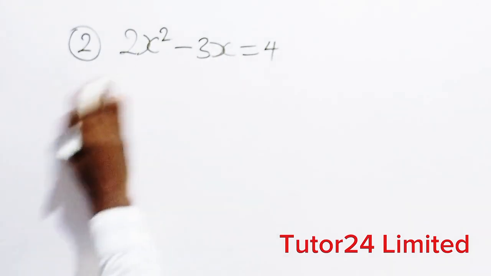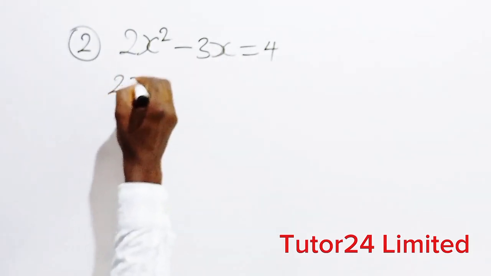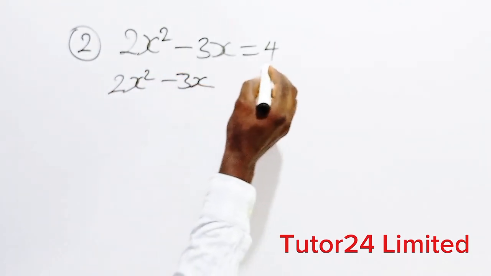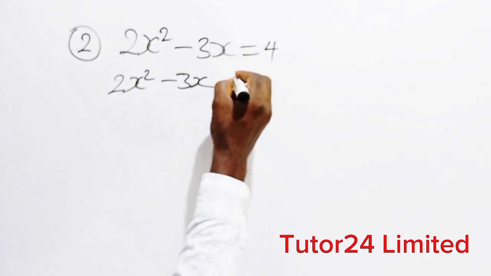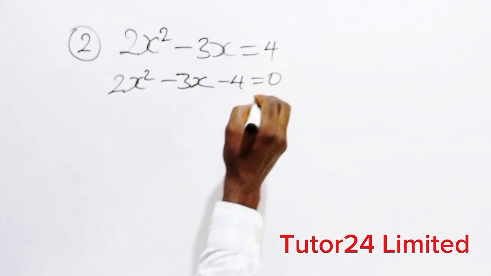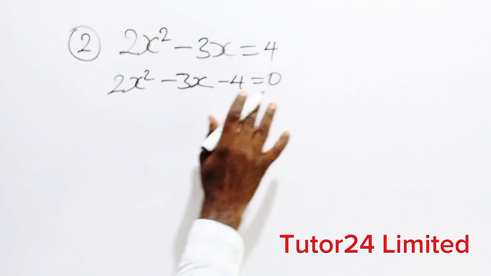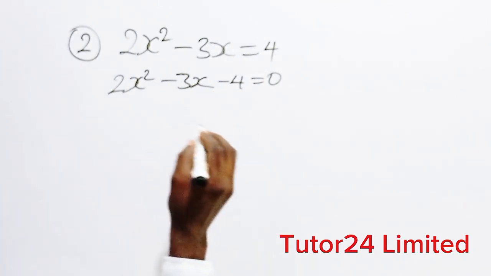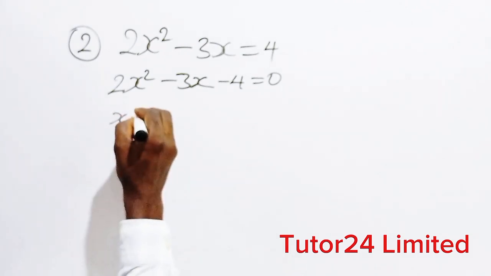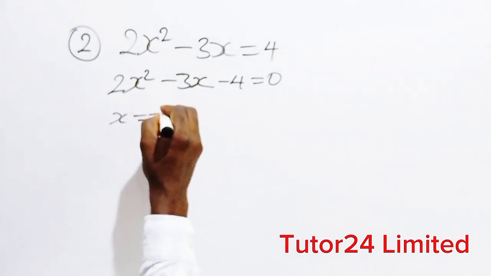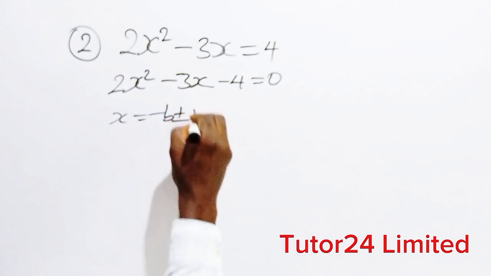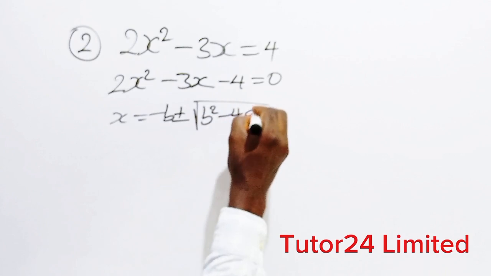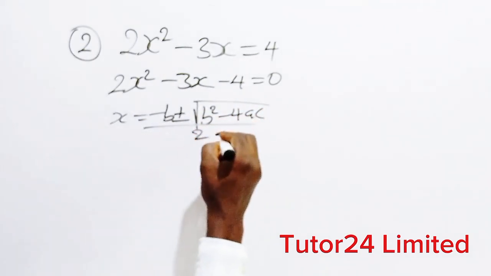If we do that, we have 2x squared minus 3x, now plus 4 comes to this side, changing to minus 4, equal to 0. Now this has taken the format of the quadratic equation. Now let's solve it using our formula. x equal to minus b plus or minus the square root of b squared minus 4ac over 2a.